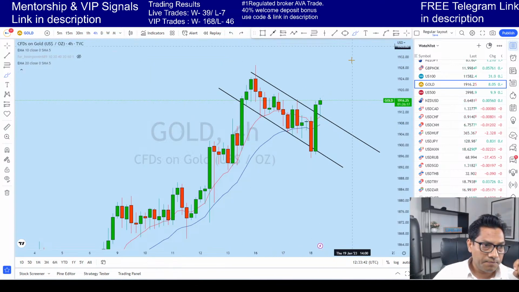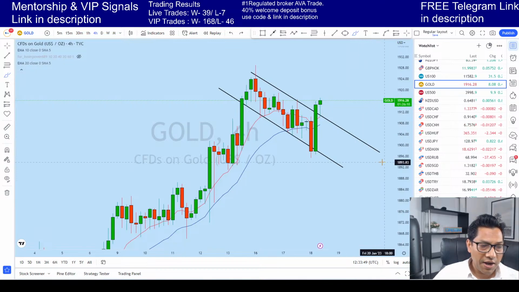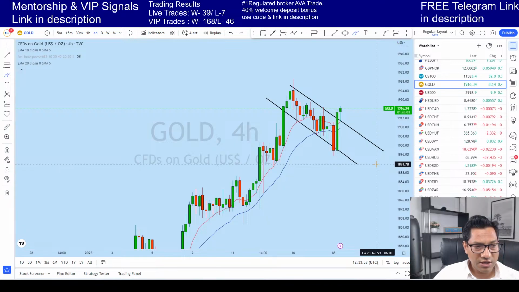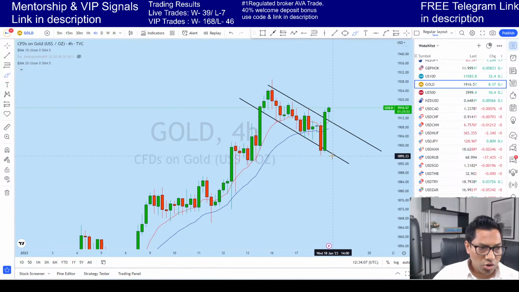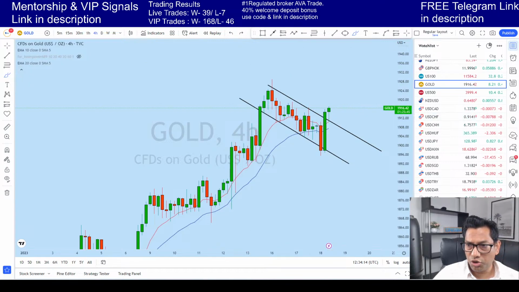But once the price comes back down, if it does, that can give us a strong buying opportunity. I will not be thinking of any kind of selling for now, as the long-term trend is bullish, and the price has already grabbed enough liquidity from this level. So this price is now very much prepared for another bullish move to the upside.